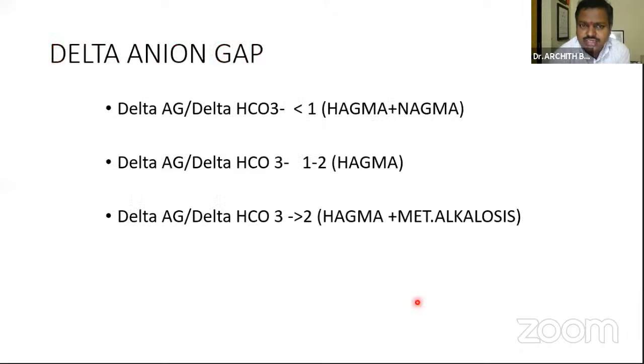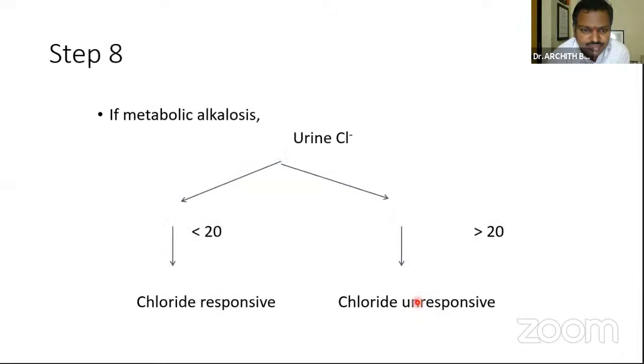You want to know whether there is a mixture. If the delta ratio is less than 1, there is a combination of high anion gap plus normal anion gap. If it is 1 to 2, it's a pure high anion gap metabolic acidosis. And if it is more than 2, there is a coexisting metabolic alkalosis.